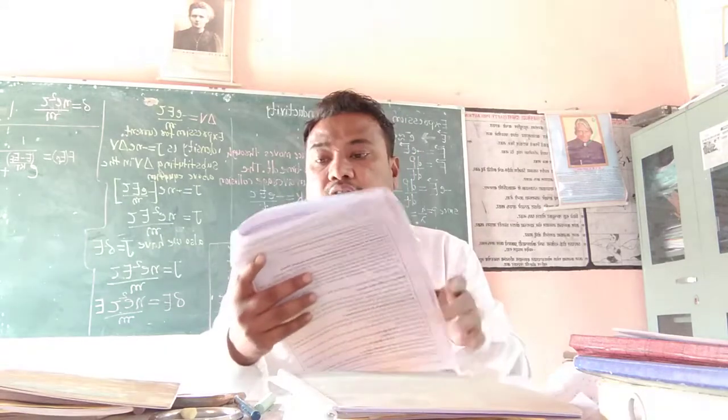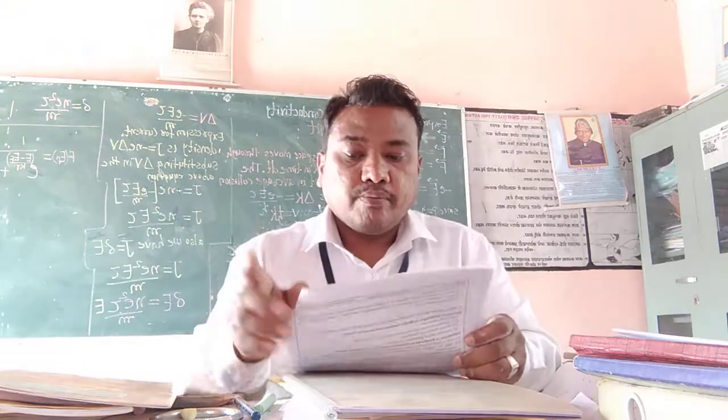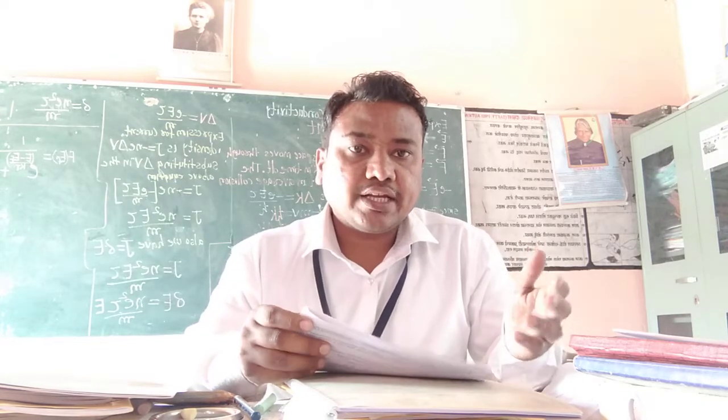Now the bound state energy level of the electron is proportional to n squared h squared over m L squared. We know this energy relation.